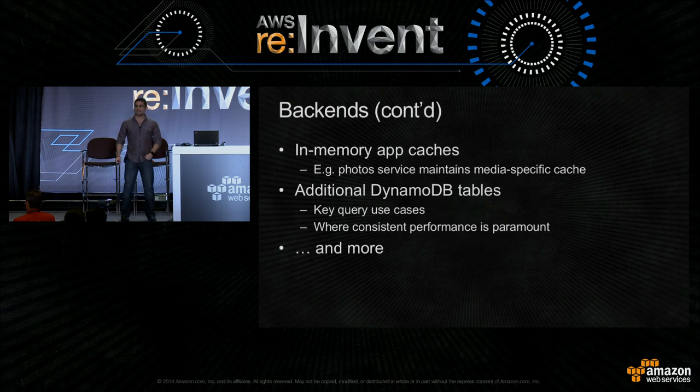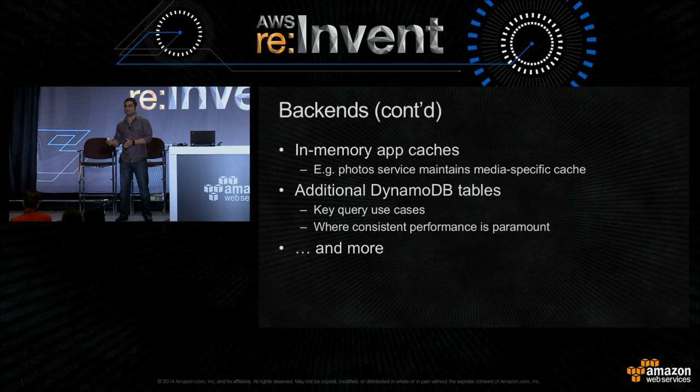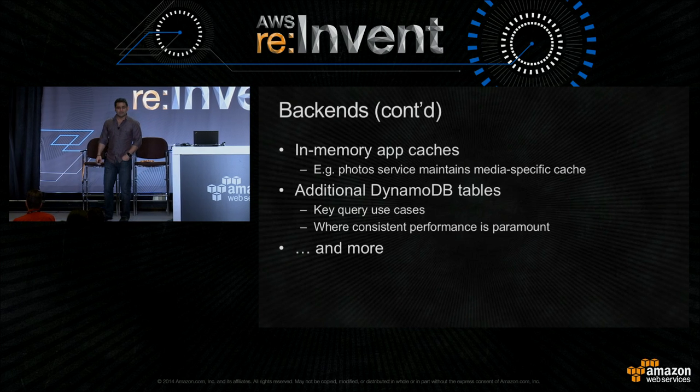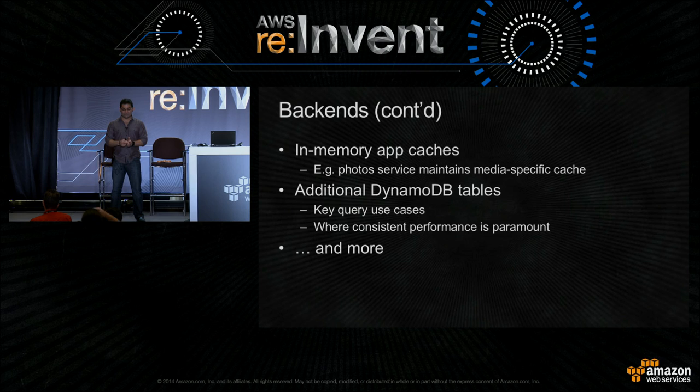You have additional DynamoDB tables. And this is very similar to having a GSI. The difference being in this architecture, you're no longer bounded by the limit of 5 GSIs. The reason you might want to use DynamoDB is specific of our use cases that have very strong requirements around latency.